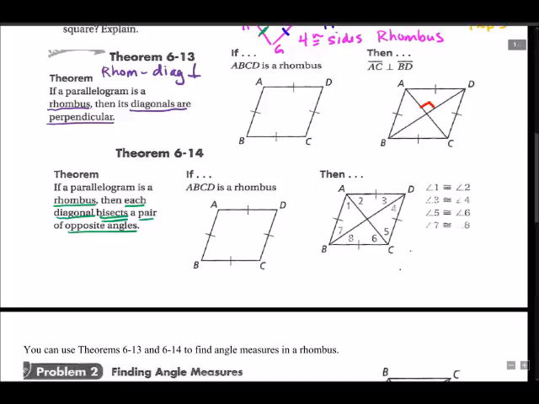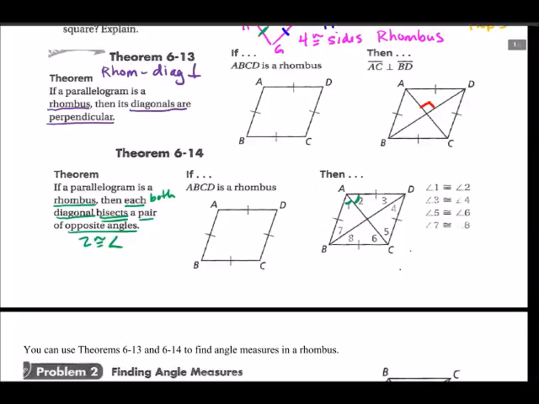Both diagonals bisect your opposite angles. So we have 2 congruent angles. So that means that angle 1 is going to be congruent to angle 2.